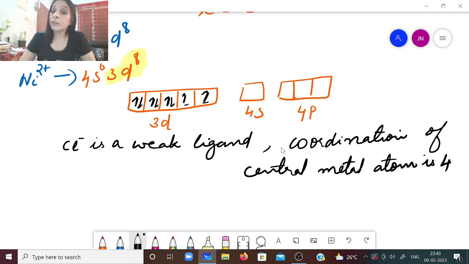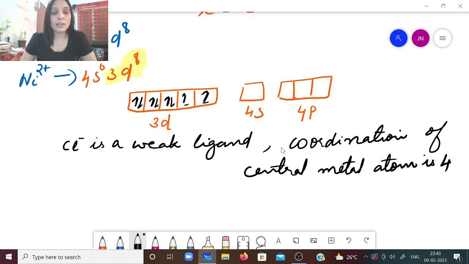If 4 is the coordination number, you should understand that 4 chloride ligands are surrounding nickel, and these 4 chloride ligands will give electrons to nickel.